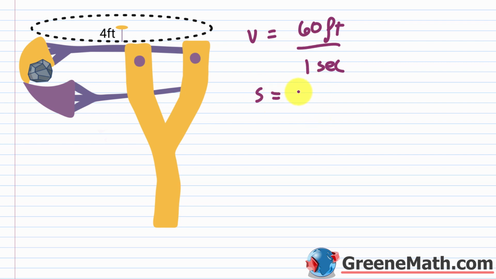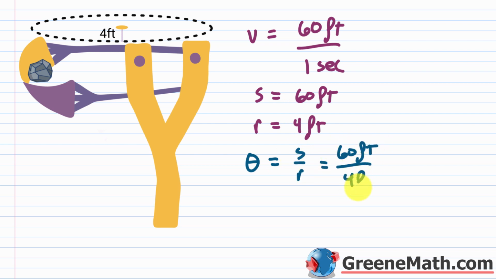So let's say S is 60 feet. Now we're also given the radius here, which is 4 feet. So let's put R is equal to 4 feet. Now, if you have your arc length and you have your radius, then you have your angle measure, theta, in radians. So we'll go ahead and say that theta is equal to S over R. So S over R, which is 60 feet over 4 feet, which the feet are going to cancel out, and you're just left with 15. And this is in terms of radians, okay?